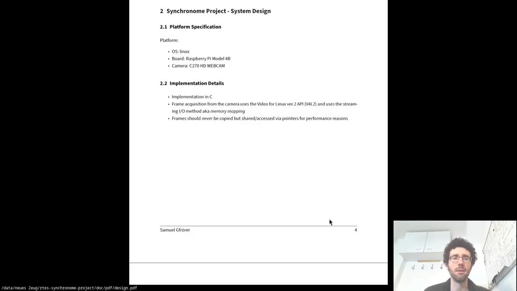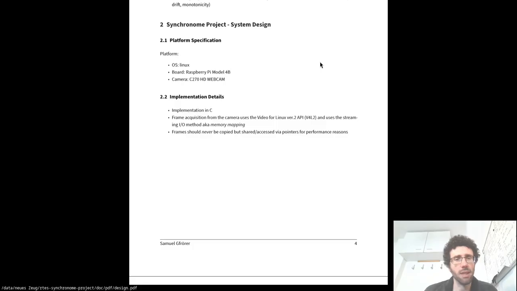And my solution uses the Raspberry Pi Model 4B and the C270 HD webcam. And the software runs on Linux as an operating system and makes use of several advanced features such as real-time threads to realize prioritized preemptive scheduling, as well as thread affinities to emulate asymmetric multiprocessing.